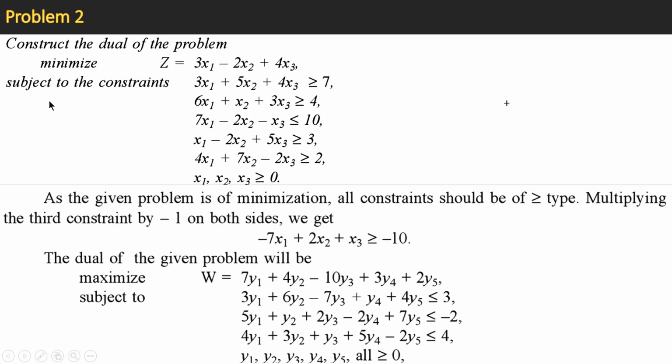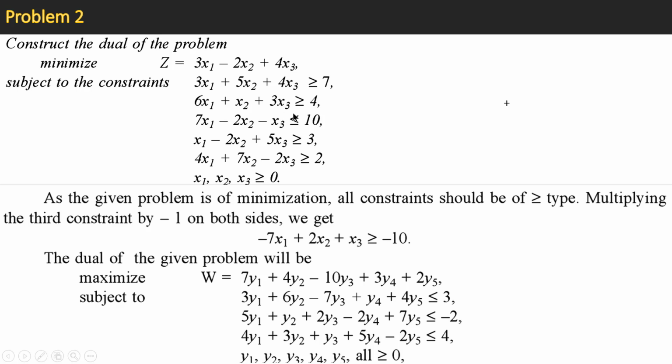Okay, second problem, this is 1. Now in this problem there is a problem. What is the problem? This is minimization, so all the constraints must be greater than or equal to, correct? Look at here, there is one equation, x1 minus 2x2 plus 5x3, which is greater than or equal to 3. And this one, 7x1 minus 2x2 minus x3, is less than or equal to 10.